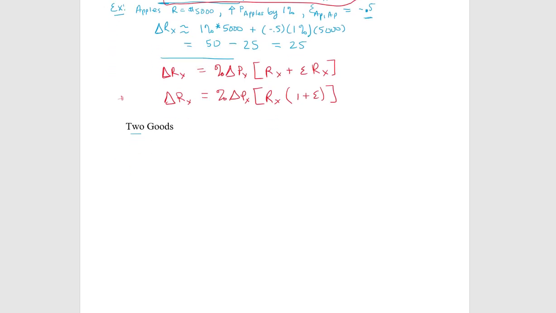If I'm talking about two goods, then my revenue is now the revenue for X plus the revenue for Y. The revenue for X plus the revenue for Y is really the price of X times the quantity of X plus the price of Y times the quantity of Y. And we want to see what happens to revenue.